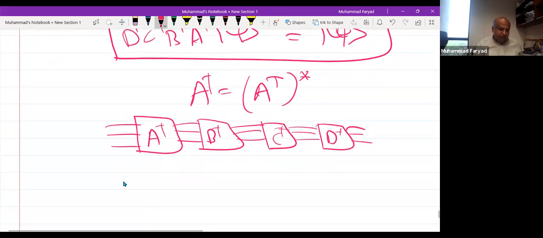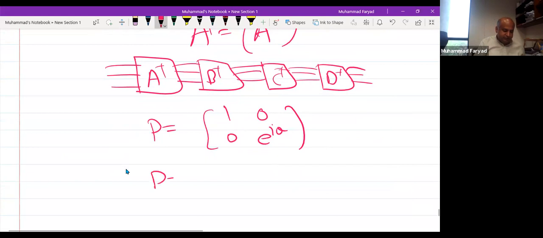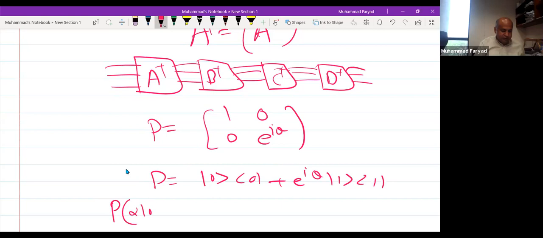And by the way, if you have a phase gate, a phase gate is exponential iota theta, so we can write it as |0><0| plus exponential iota theta |1><1|. Because when this phase gate is applied to, let's say, some alpha|0> plus beta|1>, it doesn't disturb the 0 state, but it gives a phase exponential iota theta to the 1 state.